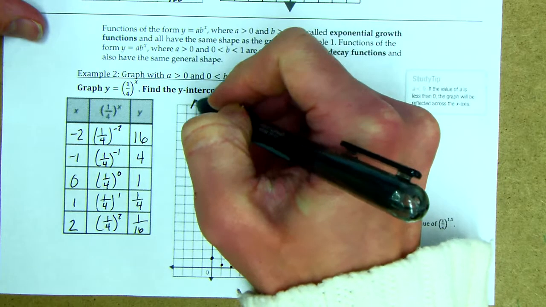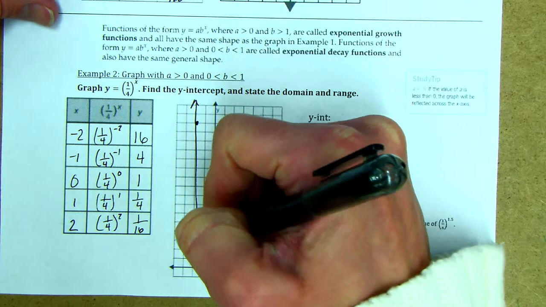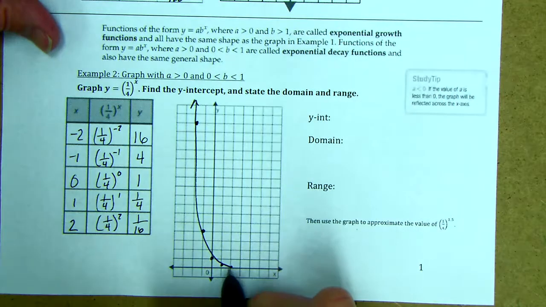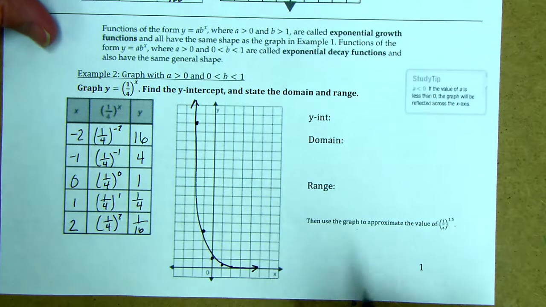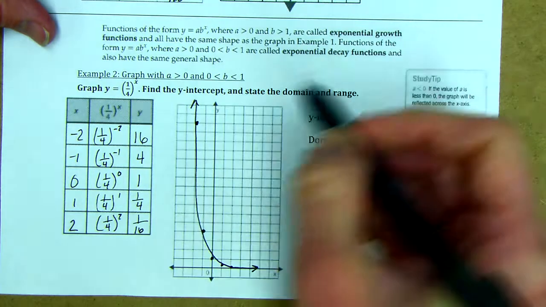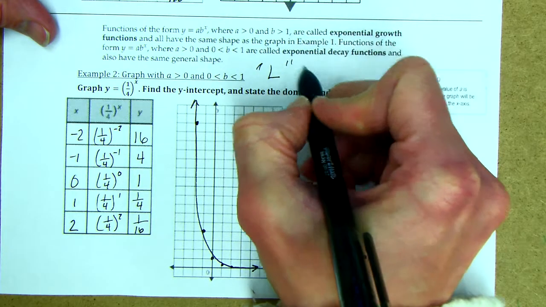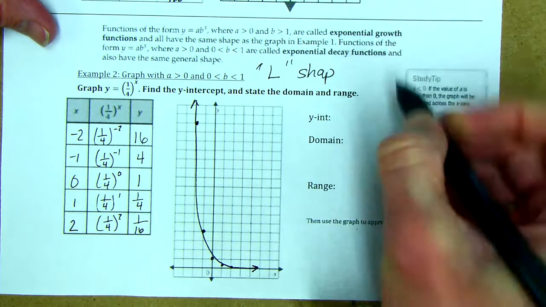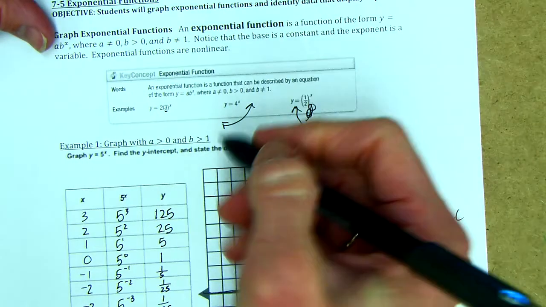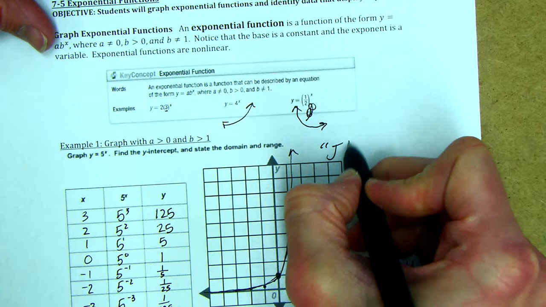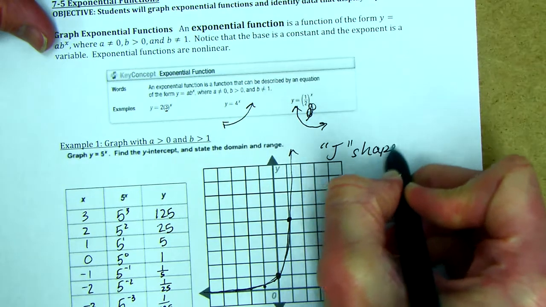So in this case, with B being between 0 and 1, it is an L shape, where the other one was a J shape. All right?